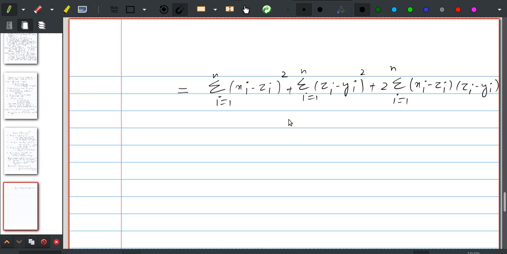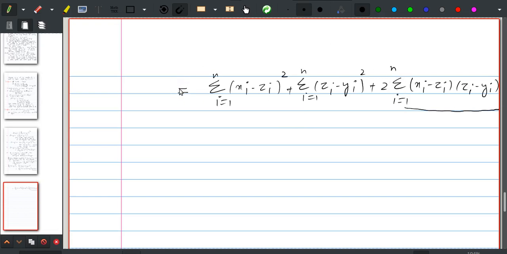Now one can see here we can use the Cauchy-Schwarz inequality over this expression. So now we are going to replace this expression by a quantity which is bigger than this quantity.